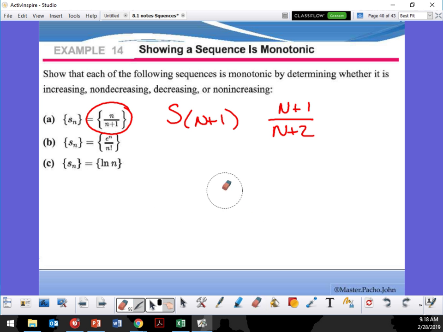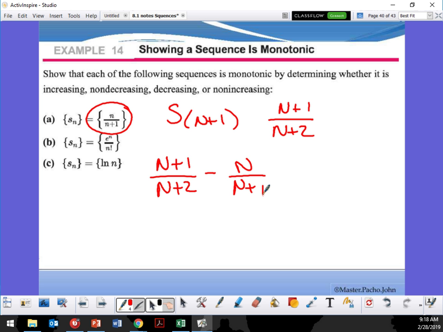Okay, so now I'm going back to what I had. So it's going to be n plus 1 over n plus 2 minus n over n plus 1, right? So let's go ahead and common denominator this whole thing. The common denominator would be the product of both of those together, right?